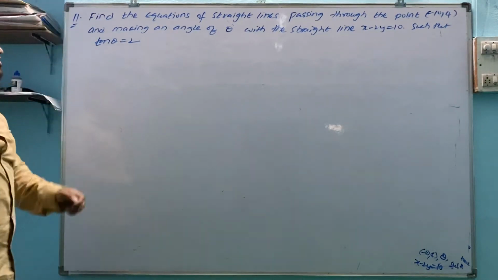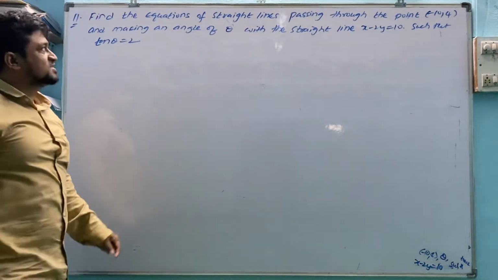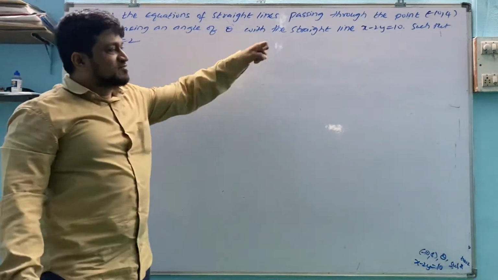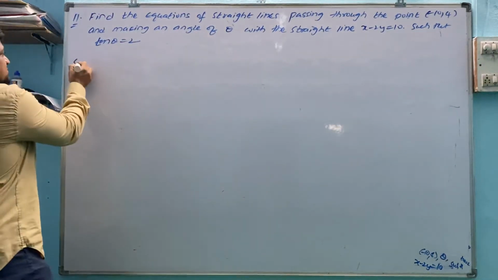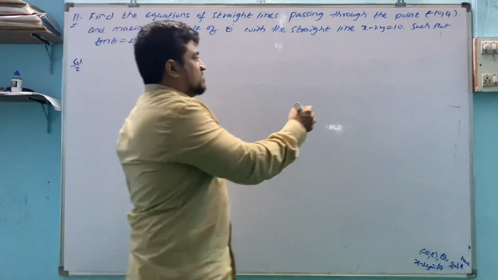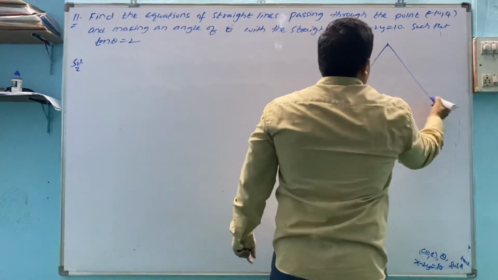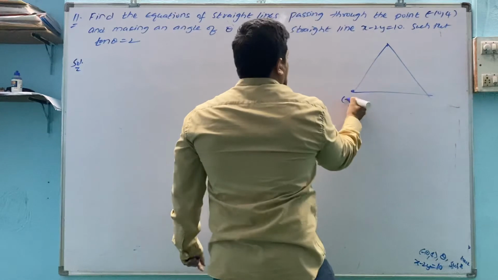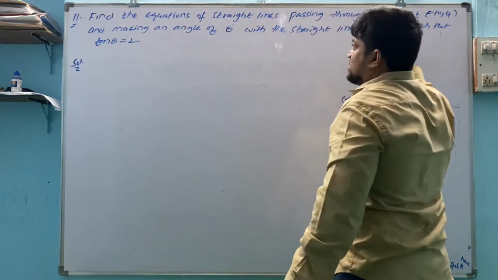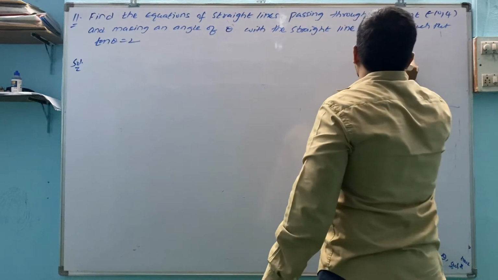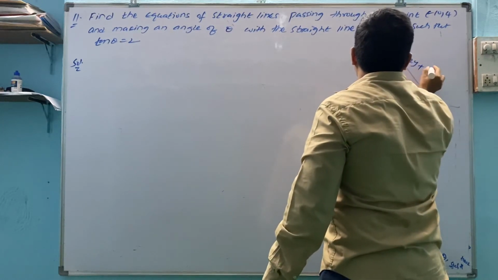Same thing: find the equation of the straight line which passes through the given point, making an angle theta with the given straight line, such that tan theta is 2. Same concept, we need to find the equation of the straight line passing through the point, making the given angle with the straight line.